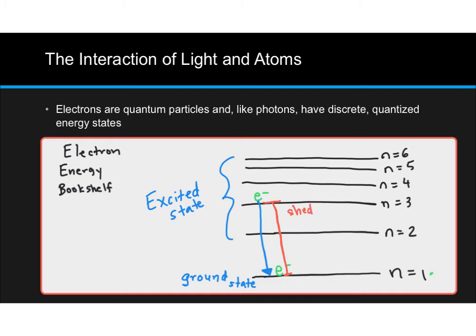To shed energy, an electron emits a photon. We call this process emission. A photon is a packet of energy. In an emission process, electrons shed or emit a photon, a packet of energy, in order to shed their excess energy and move back down to their ground state, their lowest energy state.